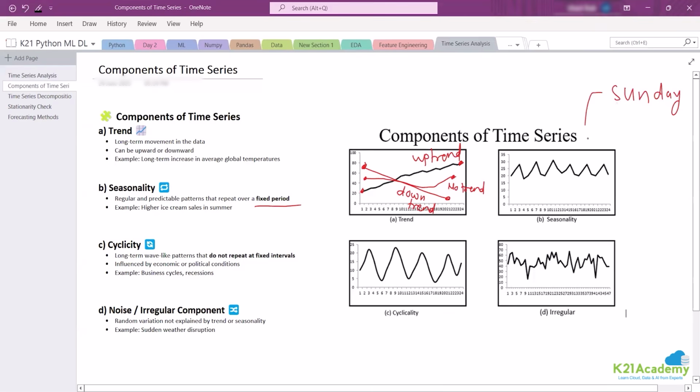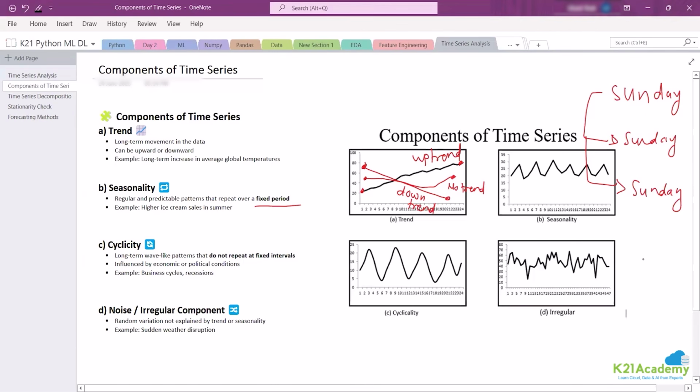So you can follow this pattern that on every Sunday we have lower traffic, since it follows a fixed period. The next Sunday will come after 7 days, right? So every 7 days the traffic will be less on the road.